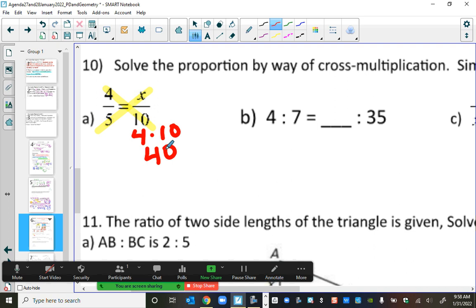And then what about 5 times x? Well, for now, 5 times x is just 5x, right? Now remember, the equal sign, you have to bring down. Always bring down that equal sign, keep it in the middle. That never changes. Then, what you do, you gotta divide by 5 on both sides. And in the end, we get x equals 8.